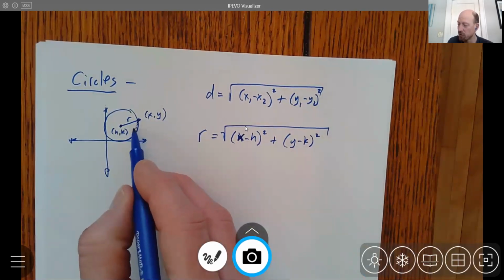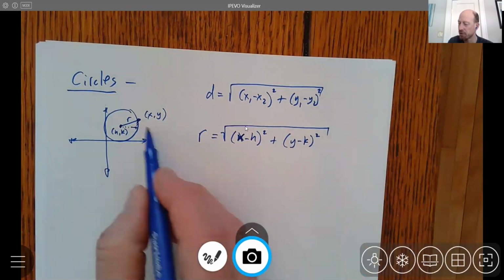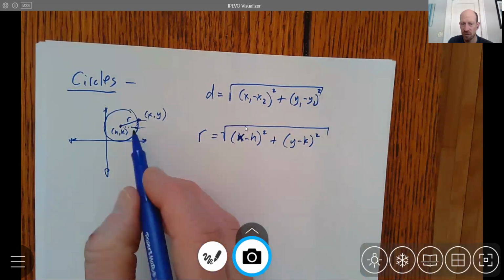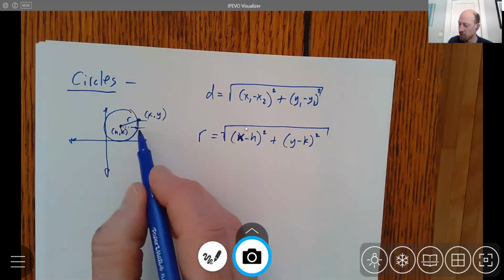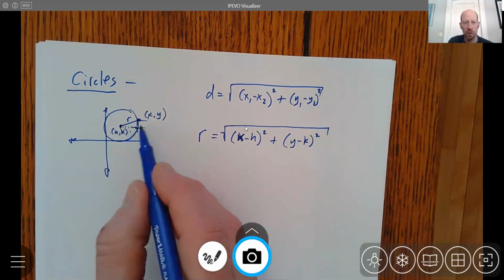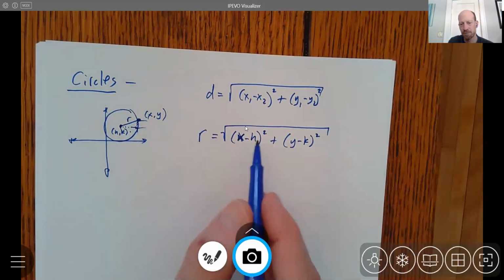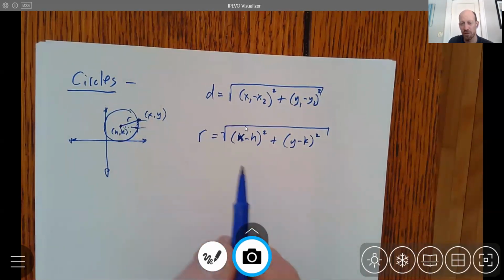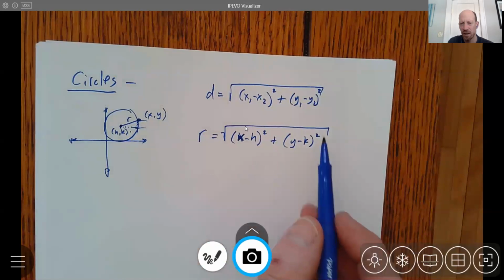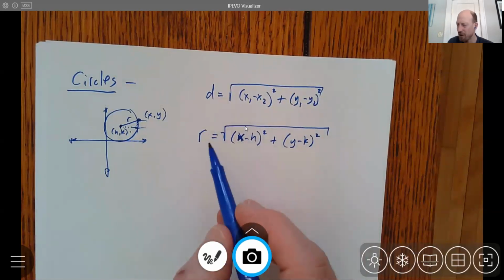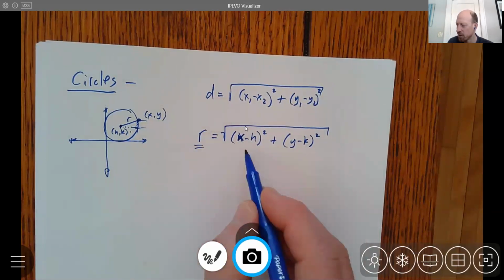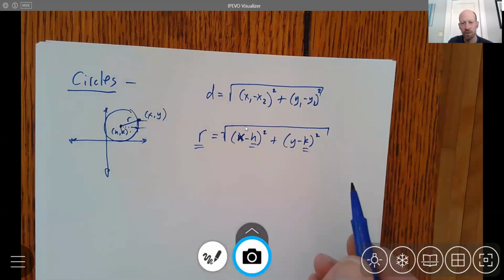And that distance formula is just the Pythagorean theorem, actually. The change in y values is this distance, the change in x values is this distance. If you square them together, you get r squared, and if you take the square root, you get this formula. So this equation is the equation of a circle if I have a radius and a center.